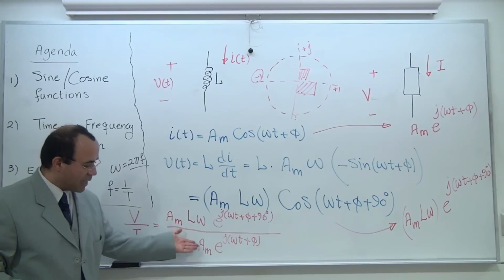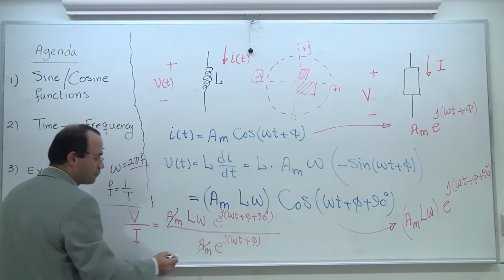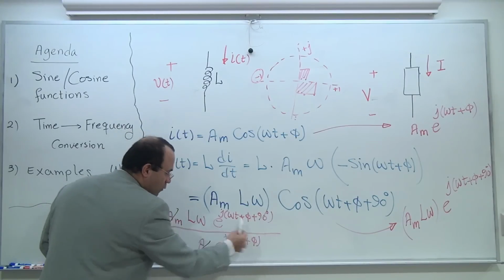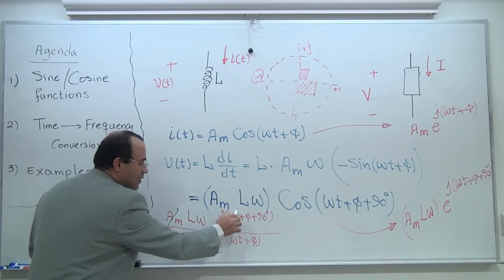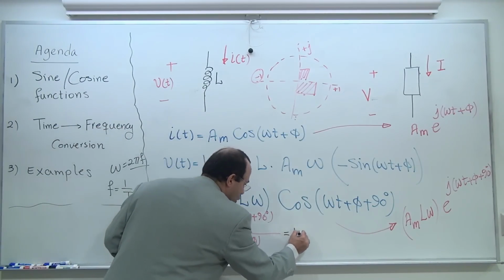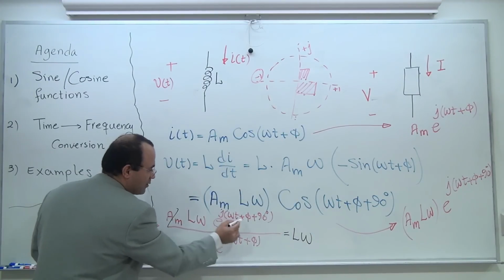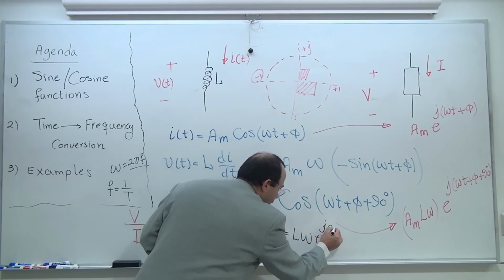Once again, A_M, if it is non-zero, you can ignore it. This is gone. e to the power of j theta 1 divided by e to the power of j theta 2 is going to be e to the power of j(theta 1 minus theta 2). It's a subtraction. So you are going to get L omega. Omega t is gone. Phi is gone. 90 degrees is left: e to the power of j 90 degrees.